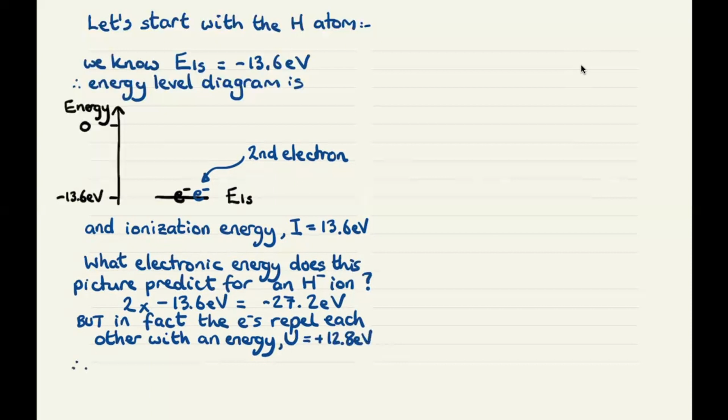So in fact, the energy for an H- ion is minus 27.2, the energy of the two electrons, plus 12.8 electron volts, which is much smaller in magnitude. It's only minus 14.4 electron volts.